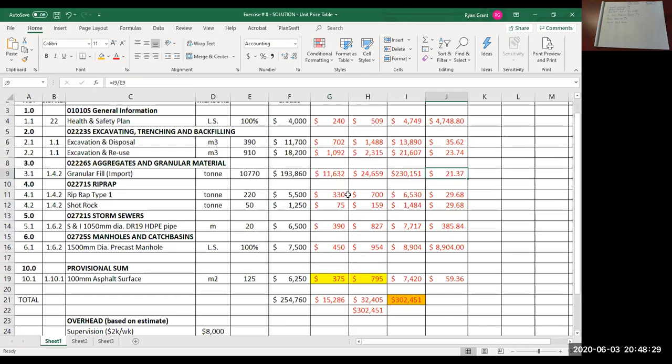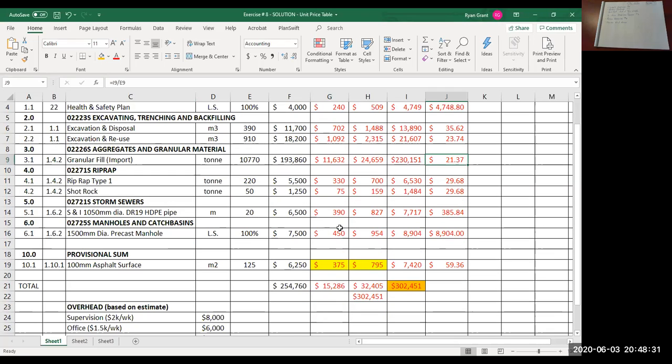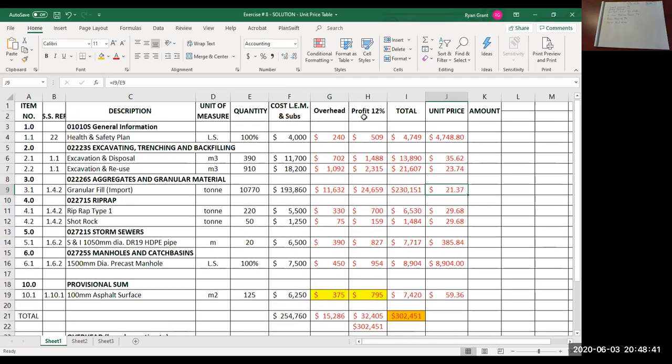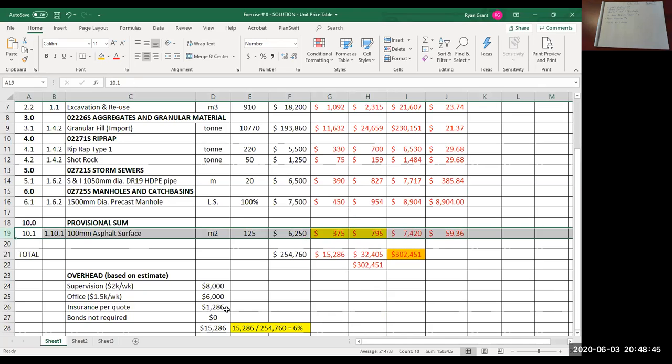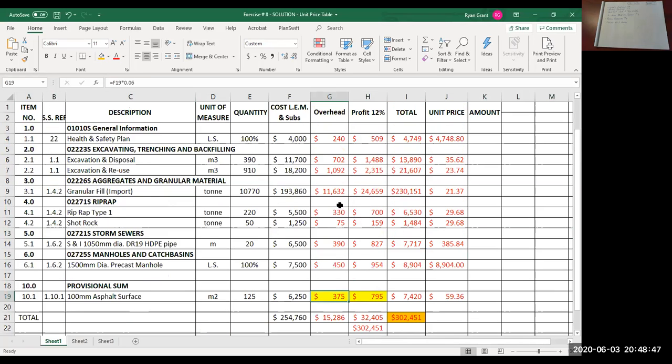Andy, yes, that is the last thing that I want to mention here. The way that this is shown on my screen here is we've allocated overheads and profit to this provisional sum item, right? We've got $375 of overhead and we've got $795 of profit.